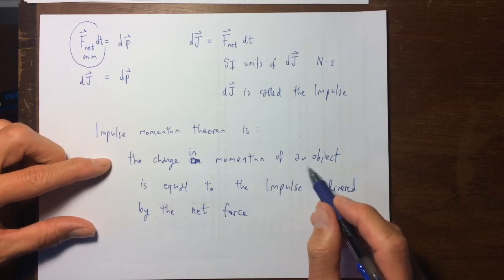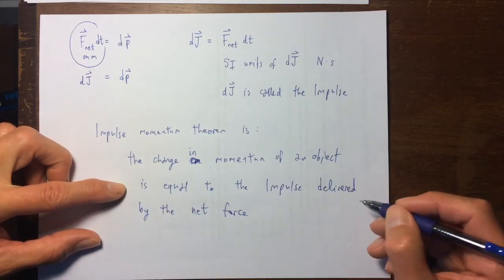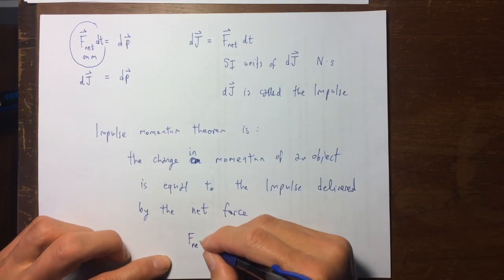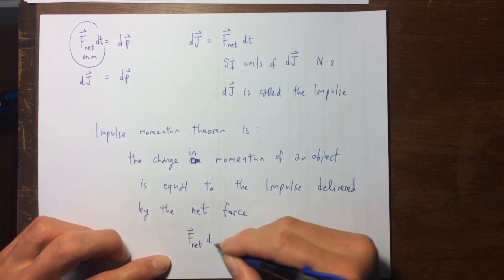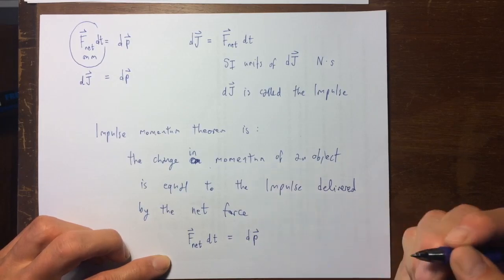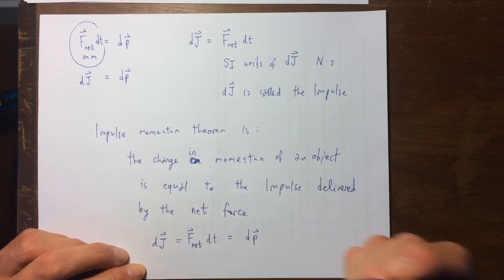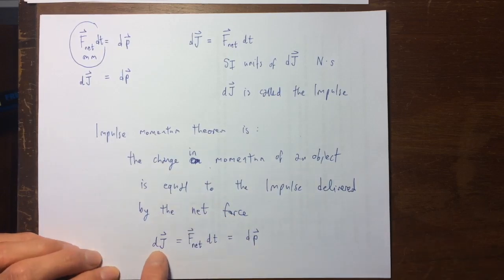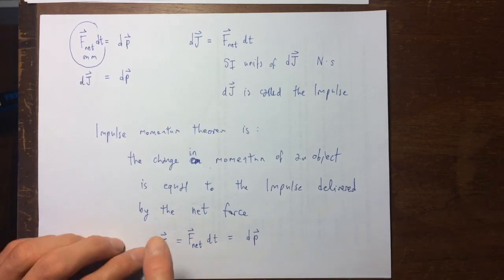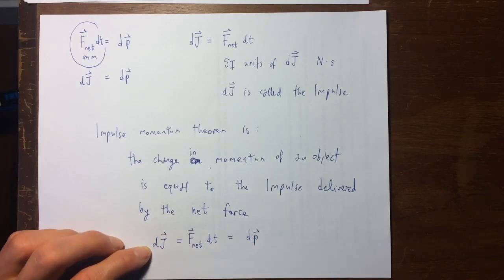So the change in momentum of an object is equal to the impulse delivered by the net force. The net force delivers the impulse F net dt, and that is dp. And this thing we are calling dJ, like this. So this is the impulse. It's a force happening over a time duration. And if you have an impulse, then you will have a change in momentum.